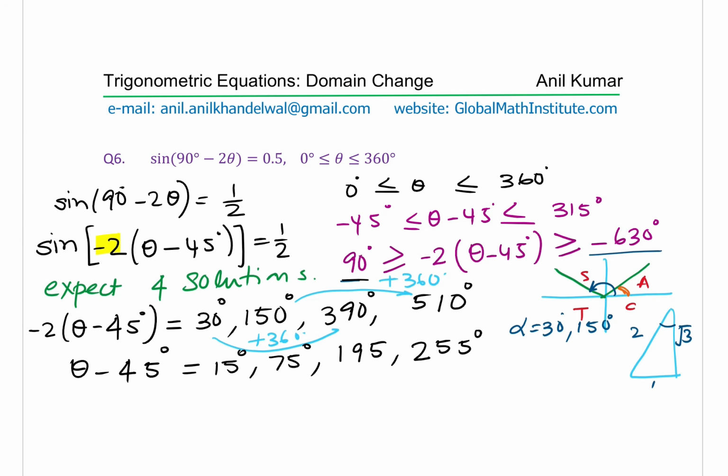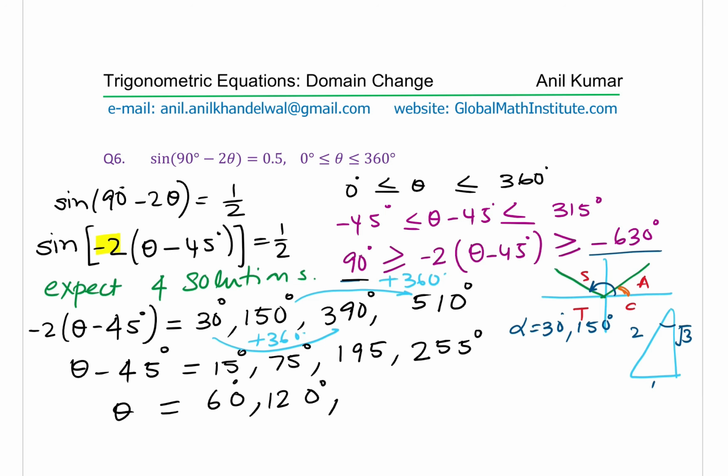Correct. So we'll add 45 to it now. So adding 45 will give you what? 60 degrees. Then 120 degrees.